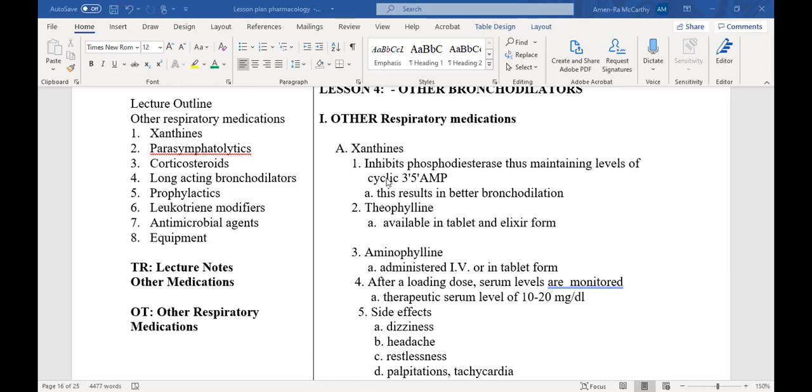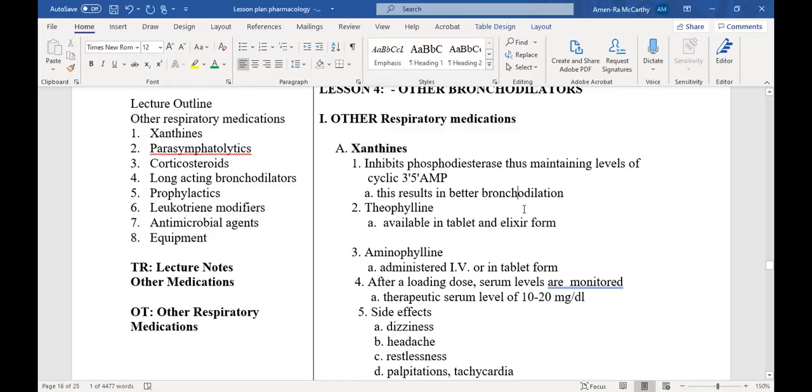So xanthines are anti-phosphodiesterase drugs. What you guys told me earlier, that if I want to block phosphodiesterase from breaking down my cyclic 3,5 AMP and ending my bronchodilation, I can block him if I want to. And the way I block him is through drugs called xanthines.